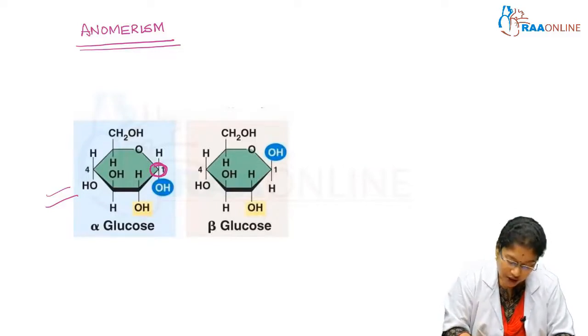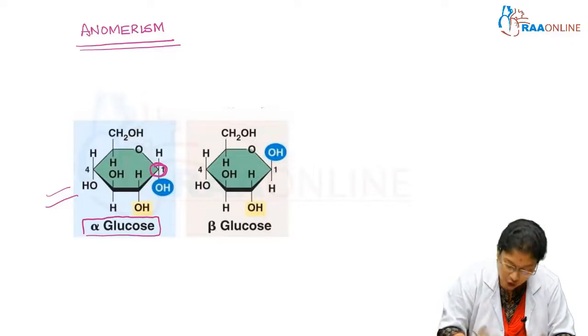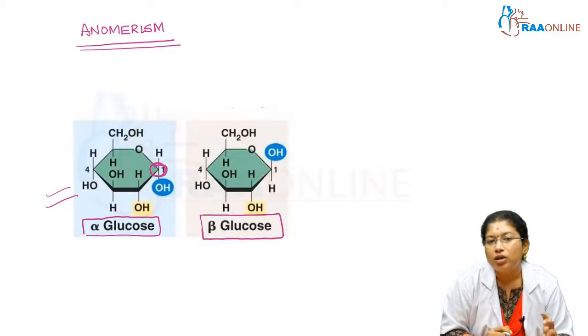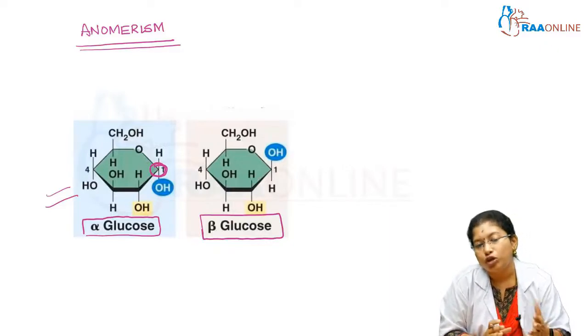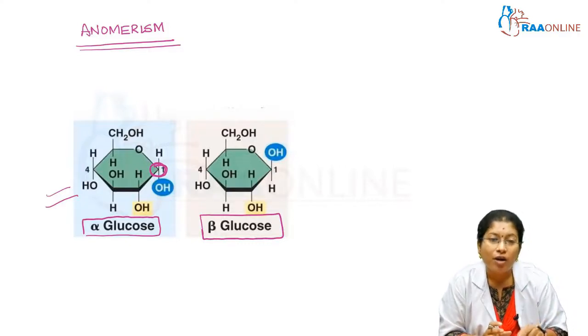If the OH is below the carbon plane, we call it alpha glucose. If it is above the plane, we call it beta glucose. So it exists in two forms, alpha glucose and beta glucose, based on the position of the OH and H group around the first carbon atom when it exists in ring form.